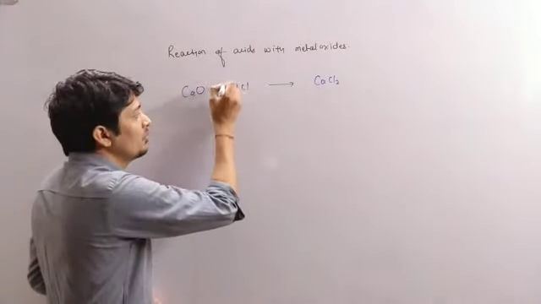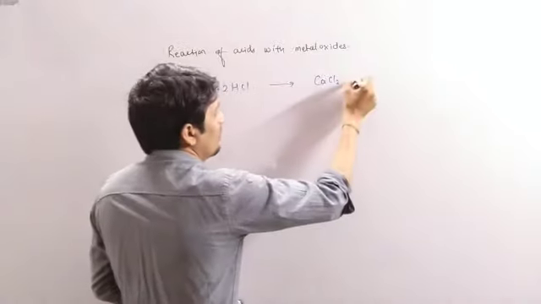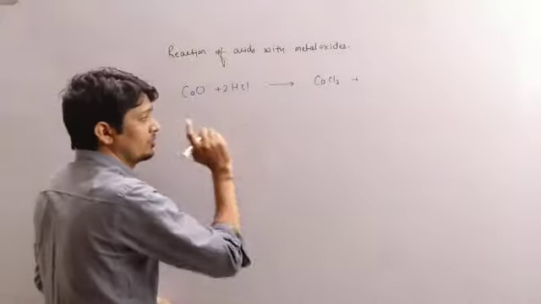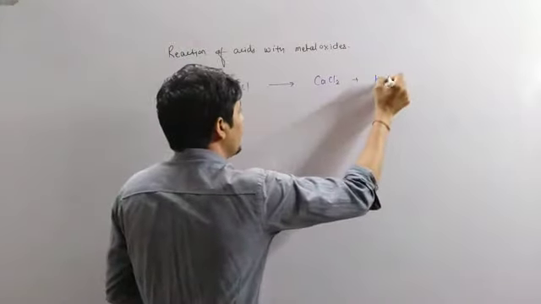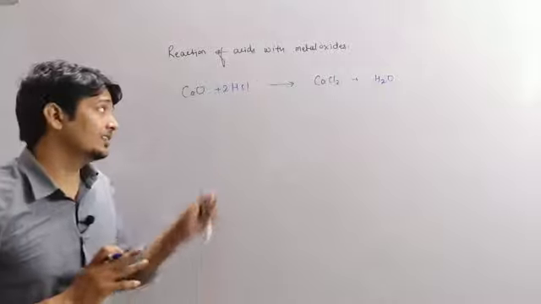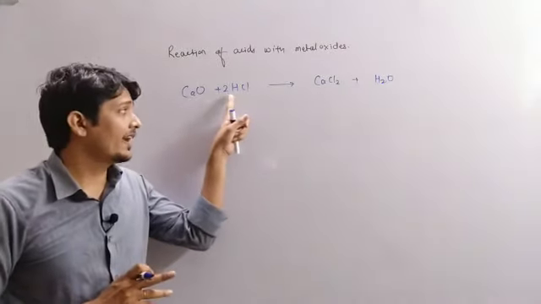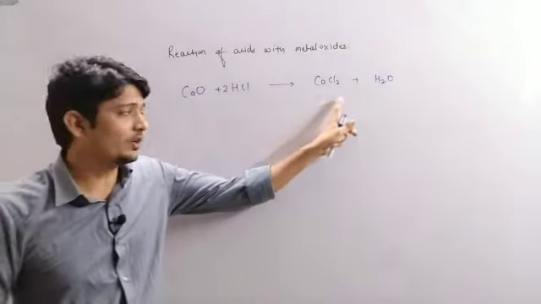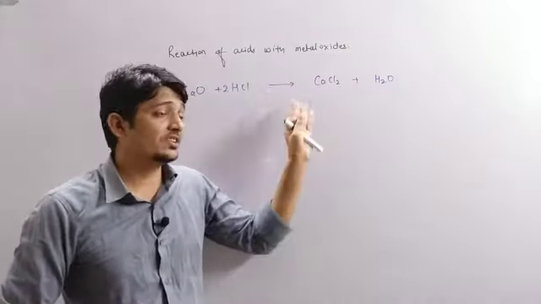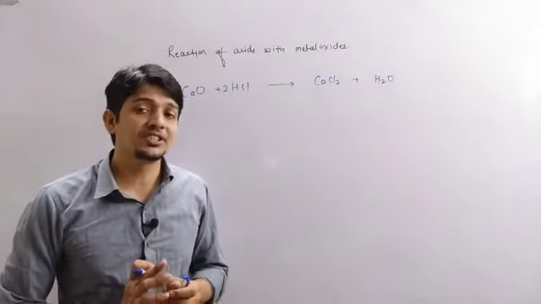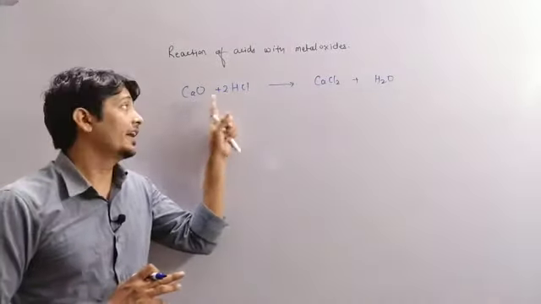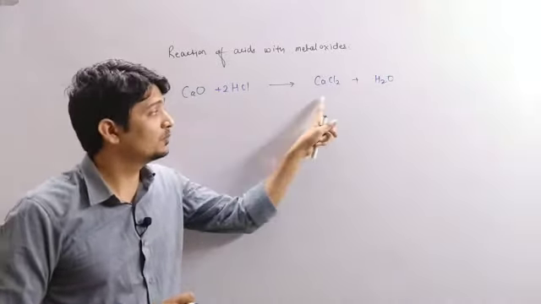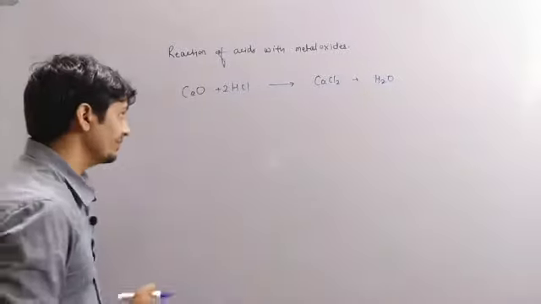Therefore we require 2 chlorine, so we multiply by a coefficient of 2. The 2 hydrogen and oxygen will form water, H2O. So calcium oxide, when it reacts with 2 moles of HCl, gives calcium chloride along with water. This reaction proceeds like a neutralization reaction. Here calcium oxide acts as a base and HCl is the acid, which form salt and water.